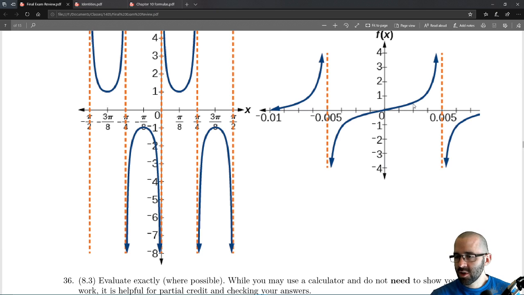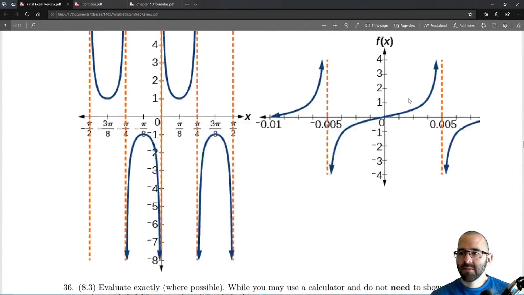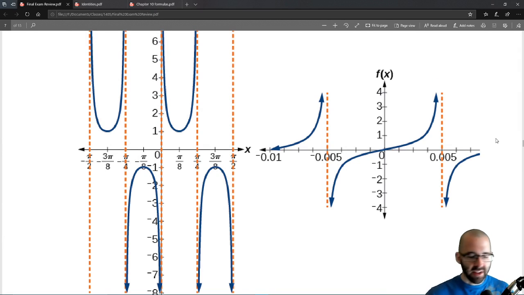Something like this, our stretching factor would be, what problem is 35? Something like this, number 35. We'd say our stretching factor, our a value, is 1/2 right here.